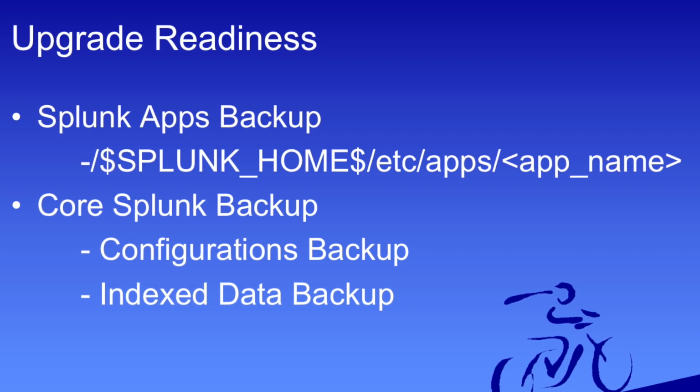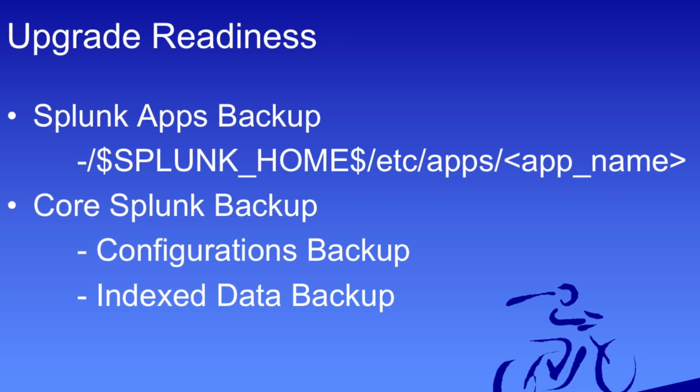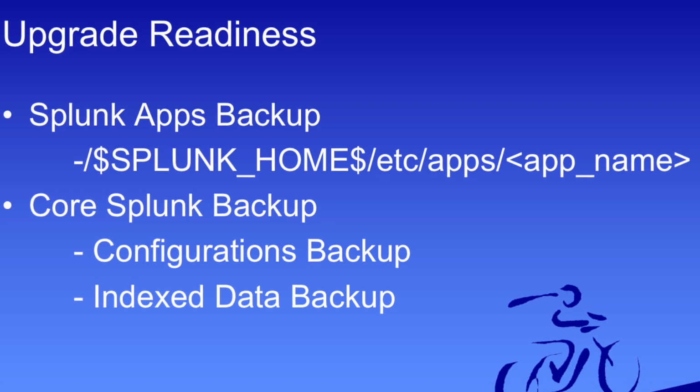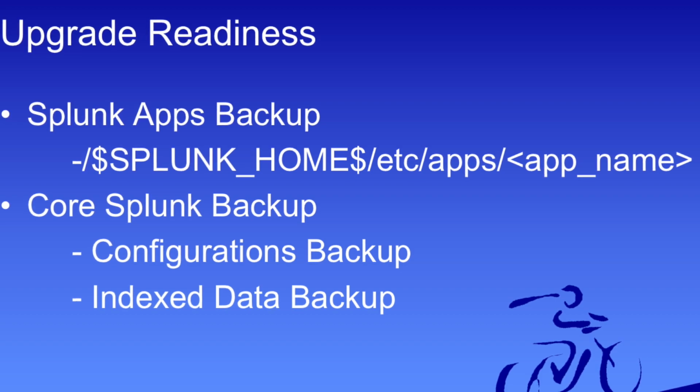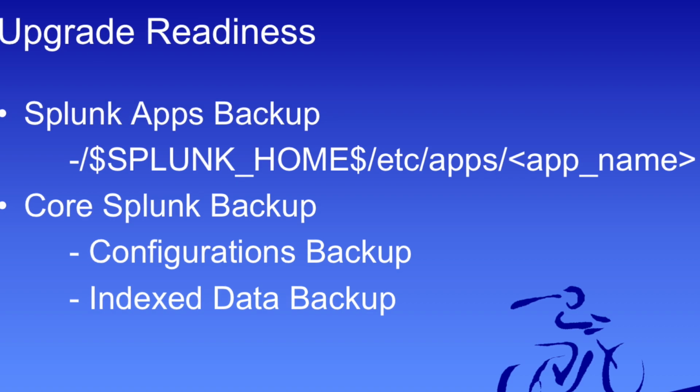To take a backup of a Splunk app, you need to take a backup of a specific directory of your app. You can find that directory in Splunk home path, etc, apps, and your app name. In general, Splunk is installed in the opt directory, so it is opt, splunk, etc, apps folder, and then your app name.